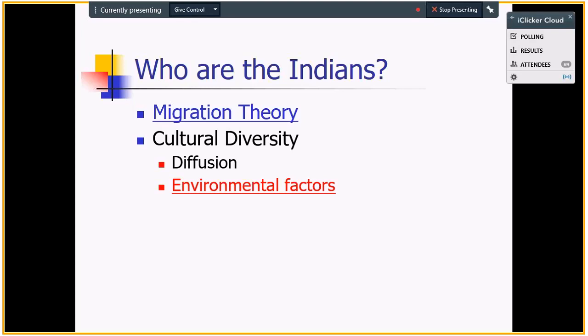For example, when we're all big game hunters up in the cold northern parts of Canada or the northern parts of what becomes the United States, we all have to wear heavy animal skin robes to keep warm. But now, when we migrate down, say, to Corpus Christi, where it's warm most of the time, we don't need to wear heavy animal skin robes.